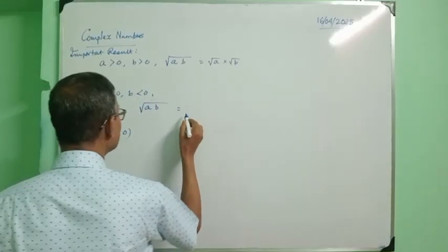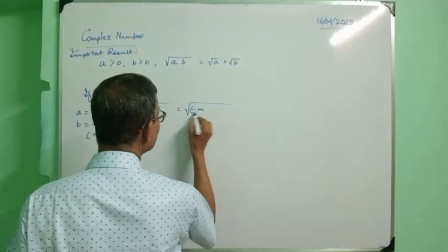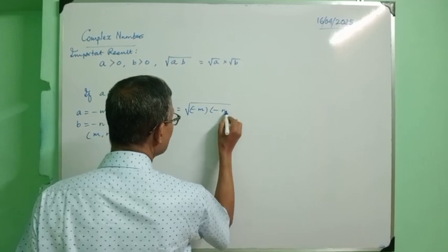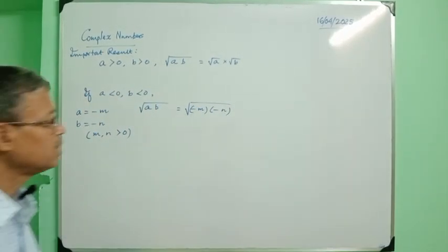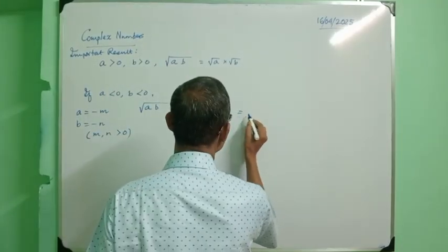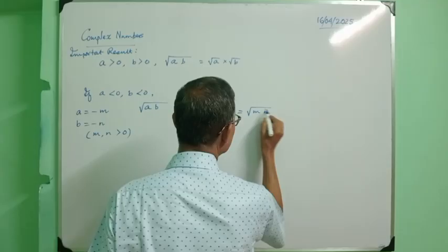Then if we calculate, the result will be root over minus m into minus n, under square root symbol, that means root mn.